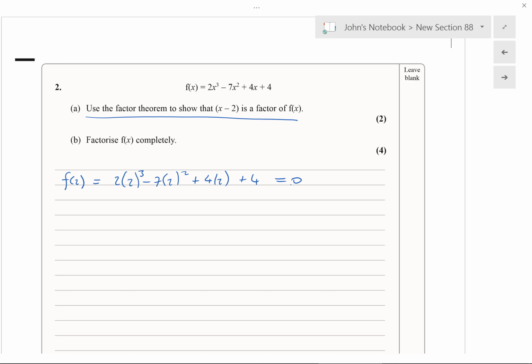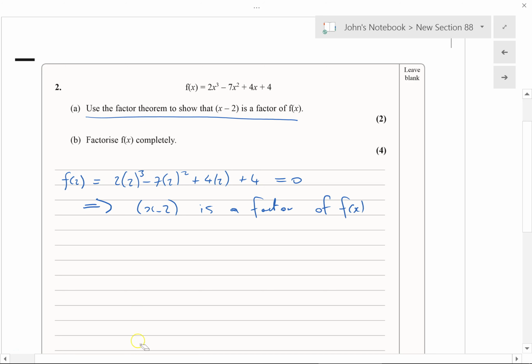That's enough to show that you're actually using the factor theorem. So to get the 2 marks, we need to do this, show that it equals 0, and therefore, to close off, x minus 2 is a factor of f(x).